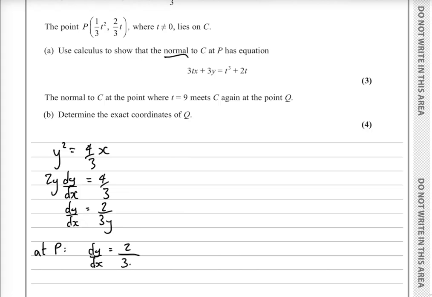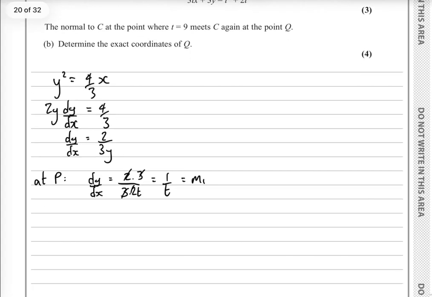So that's times 2t over 3, so all of these cancel out, and we get 1 over t. Now I'm going to call that m1, that's the tangential gradient, and we want the normal. So m1 m2 must equal minus 1, so m2 is equal to minus t.